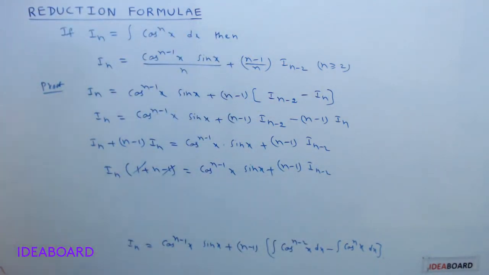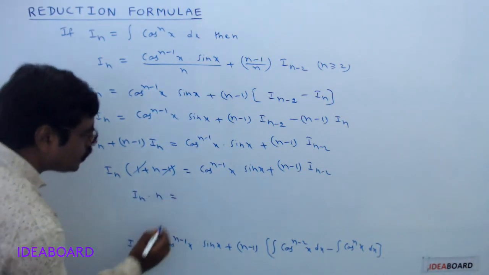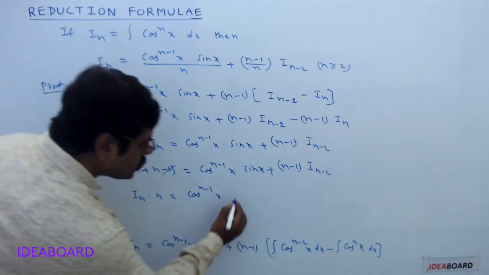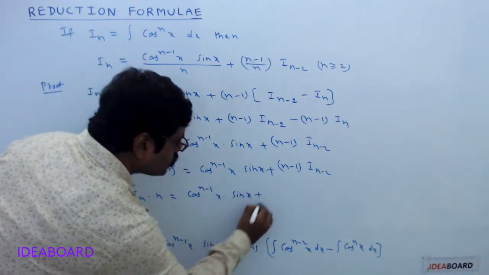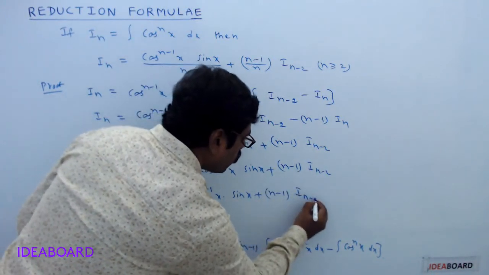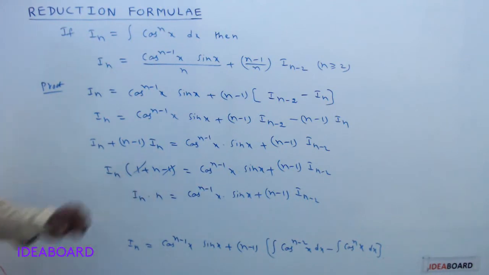Now here plus 1 and minus 1 will cancel. It is In into n equals cos power n minus 1 x into sin x plus n minus 1 into I n minus 2. Now divide this equation on both sides by the constant n.